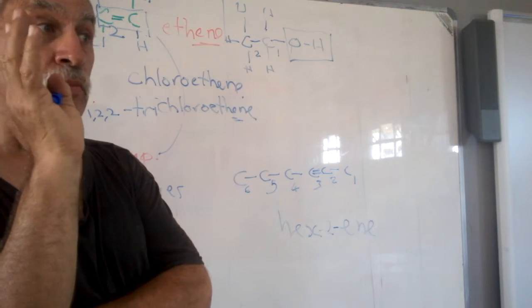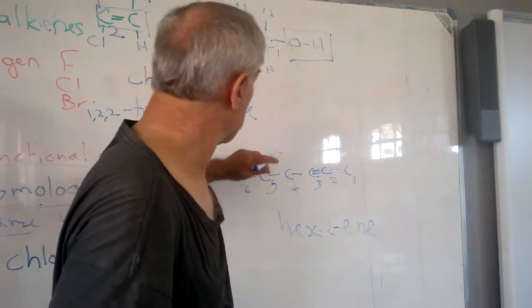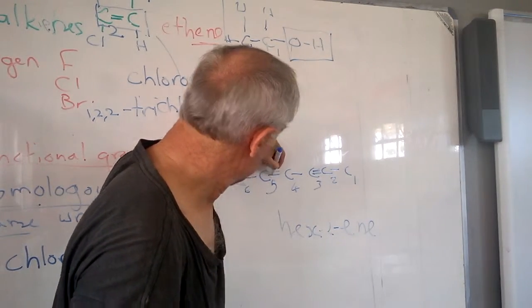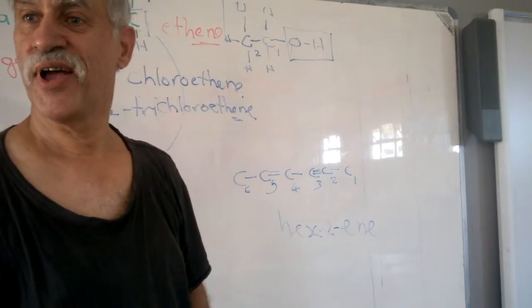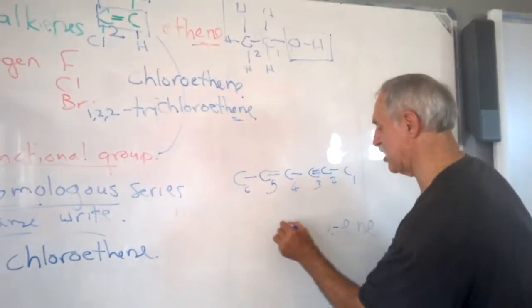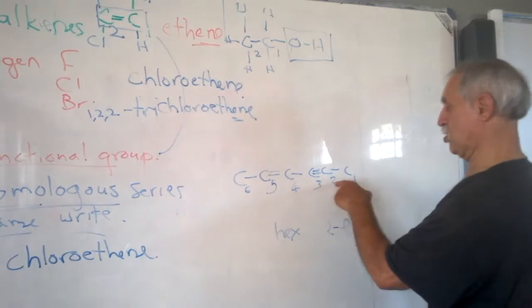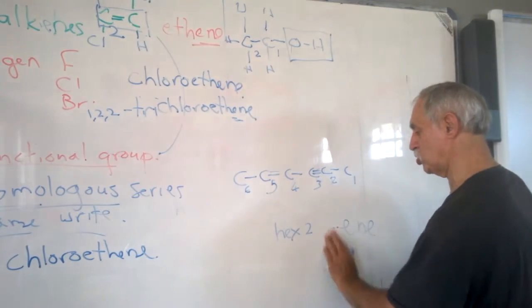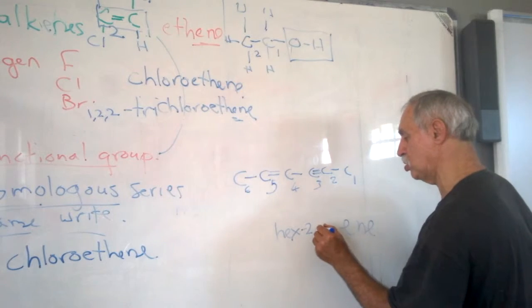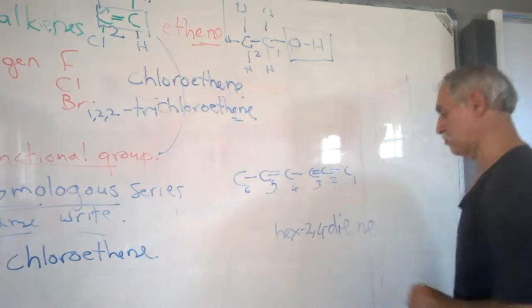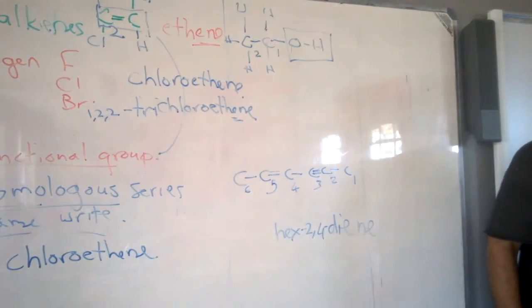Happy? And what if I put another double bond here? Are you going to say comma? Is that what you call it? It would become still hexene, but it's going to be hex-2,4. 2 first, hex-2,4-diene. Why di?